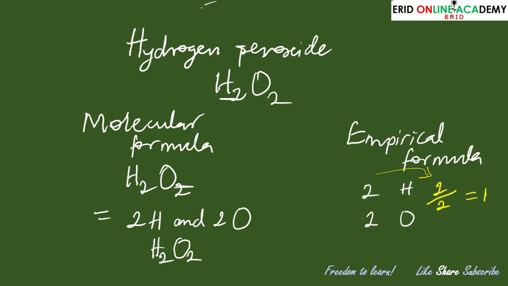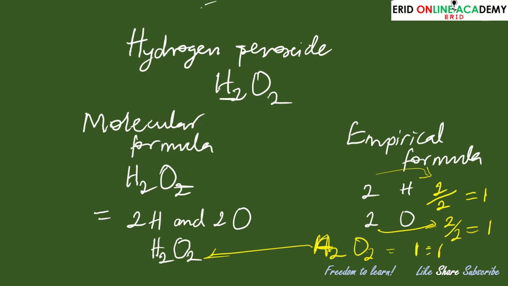Oxygen present is 2, dividing by 2 also gives 1. So the ratio of hydrogen to oxygen is 1 to 1. So the empirical formula for hydrogen peroxide will be HO, because the ratio of hydrogen to oxygen is 1 to 1.